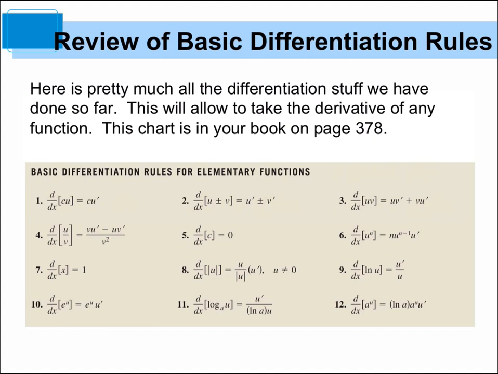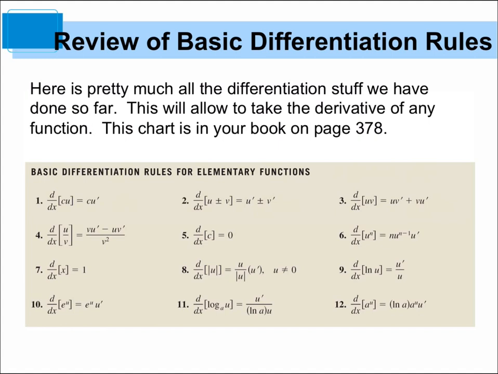How about number 4? Quotient rule. Number 7. Ridiculous. You should know that one. Don't write that one down. 8, 9, 10, 11, and 12 are all the new stuff we've just done in chapter 5. Derivatives of exponentials and derivatives of logs.